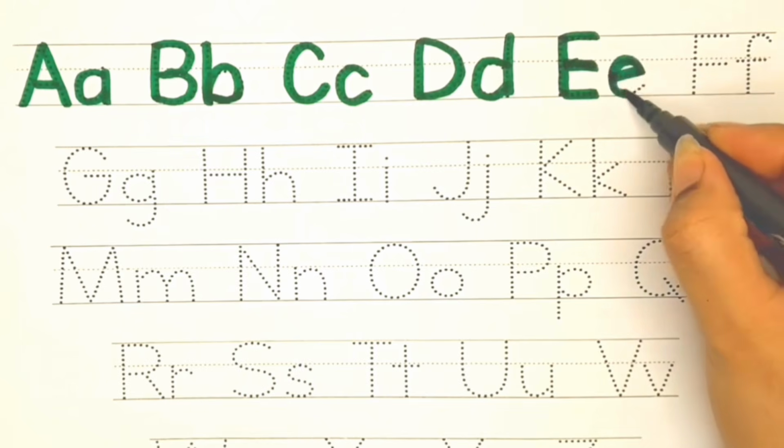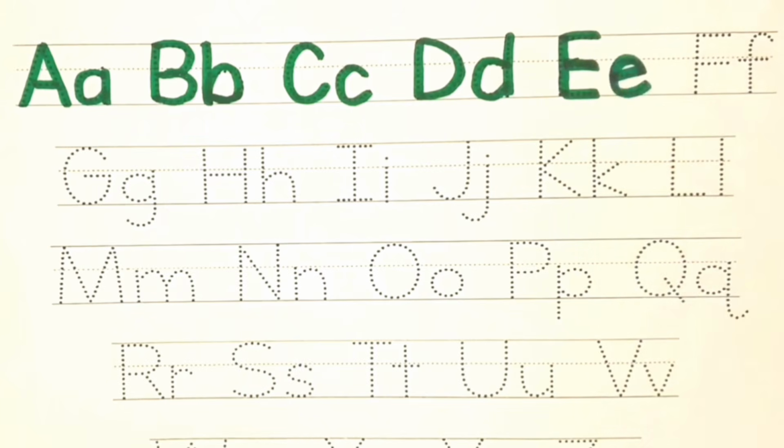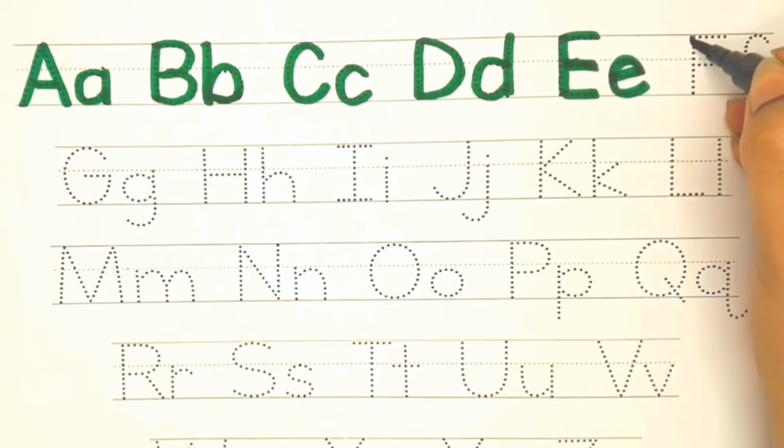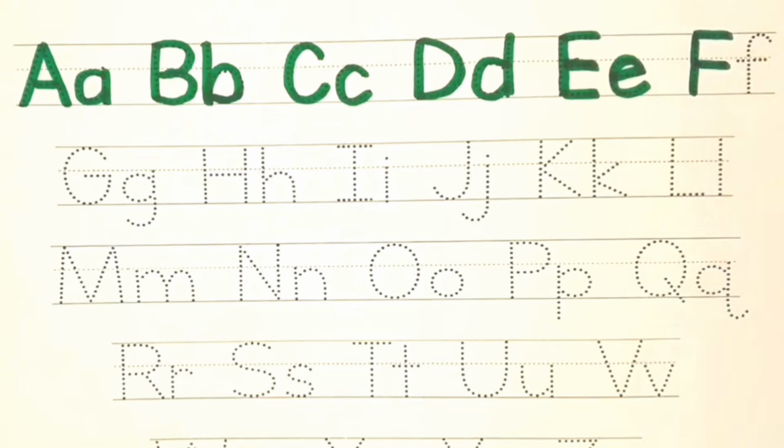Capital E, small e. E for elephant. Capital F, small f. F for fish.